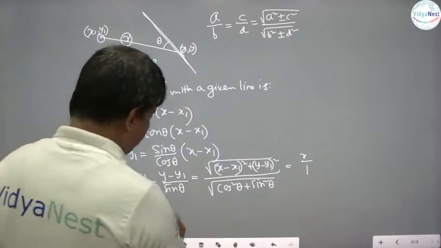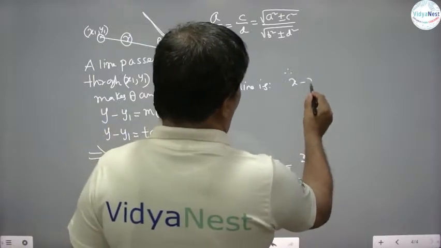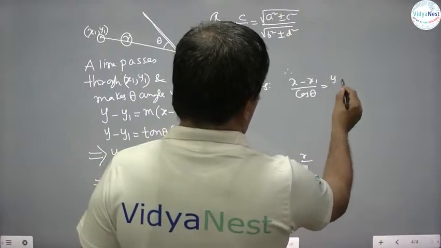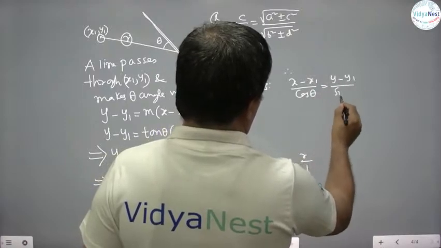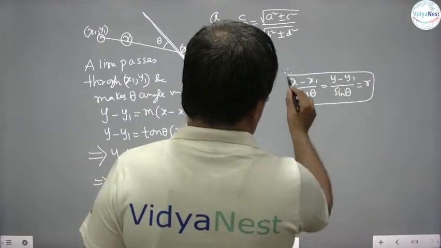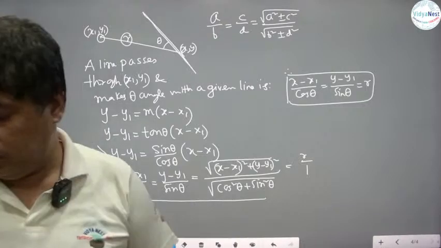So from here I can write a new equation equal to r, that is called the symmetrical form of a straight line.